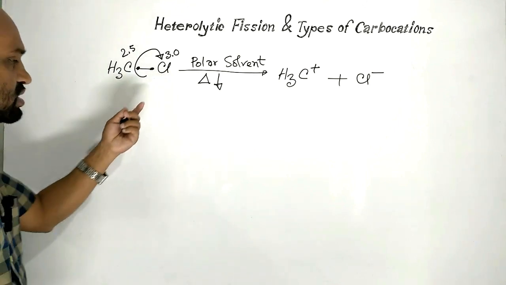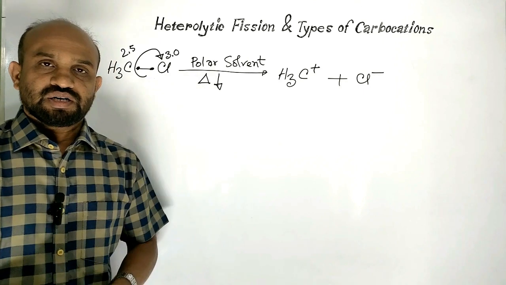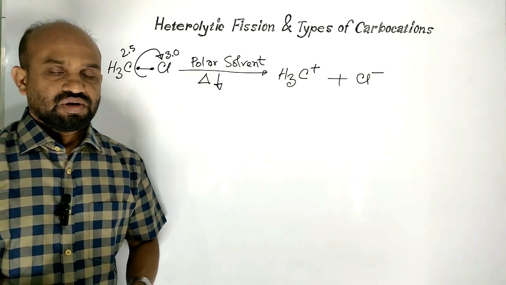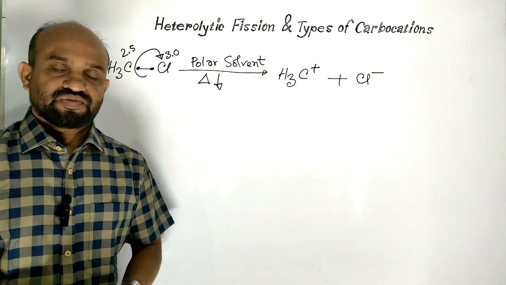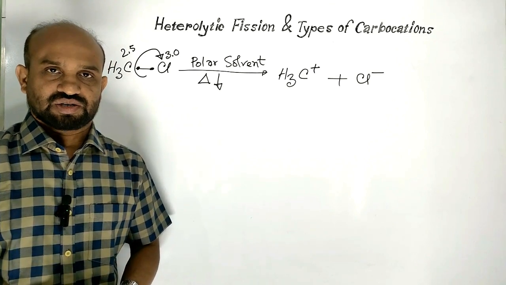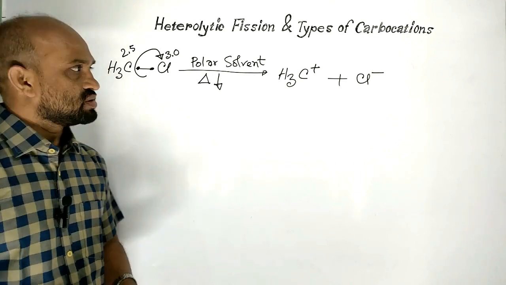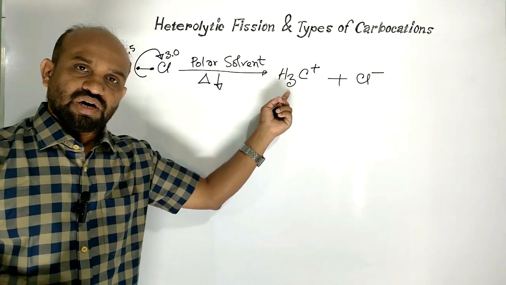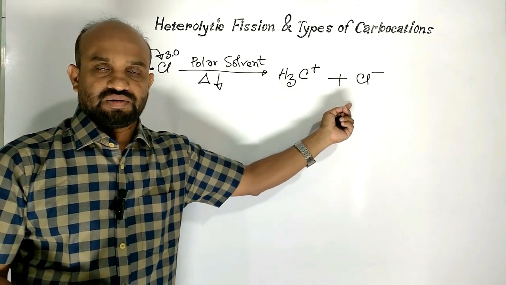This kind of breaking of covalent bond is known as heterolytic fission or heterolytic cleavage, and this phenomenon is known as heterolysis. As a result of heterolysis, 2 ions are formed, cation and anion.